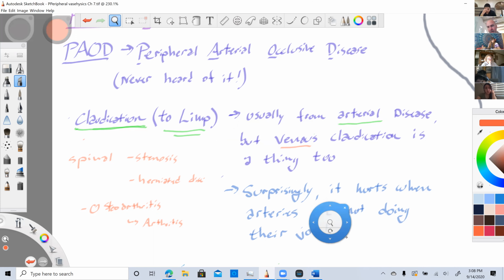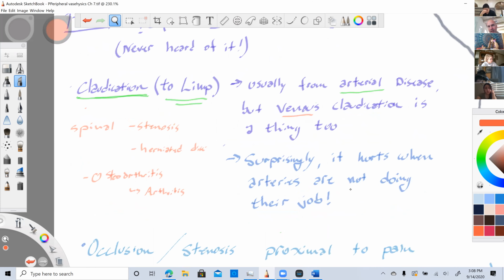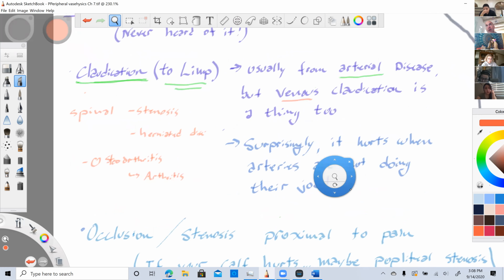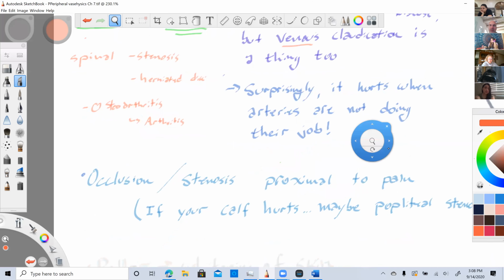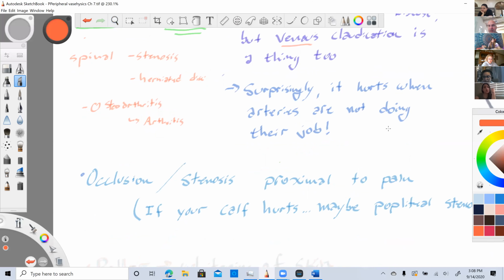Remember, an arterial claudication is not enough blood going into the leg, and more specifically, not enough high or normal pressure blood going into the leg, whereas venous stasis can cause claudication, but those legs tend to be filled with blood, and blood that they cannot move out. So that causes problems too. So venous insufficiency will cause a claudication.